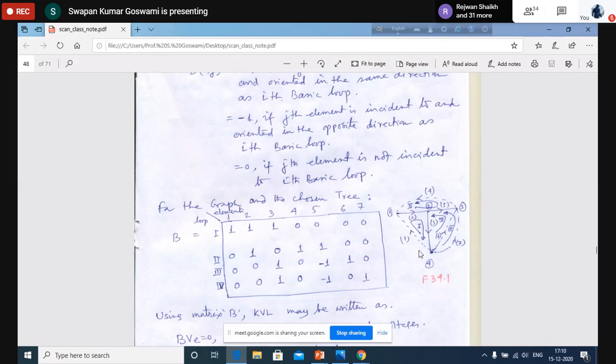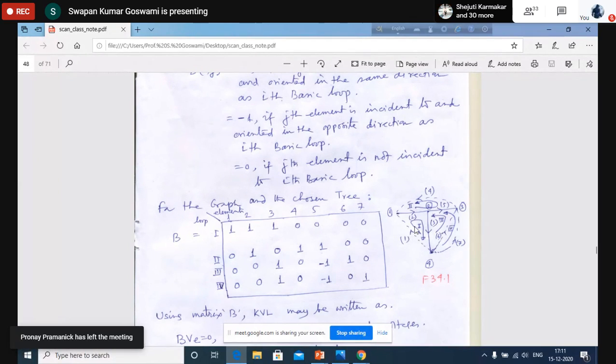Also, the direction of the loop current is pre-specified. How? It is specified by the direction of the link forming the loop. So this link has formed this loop. The loop current is assumed to be in the same direction as the direction of the link.